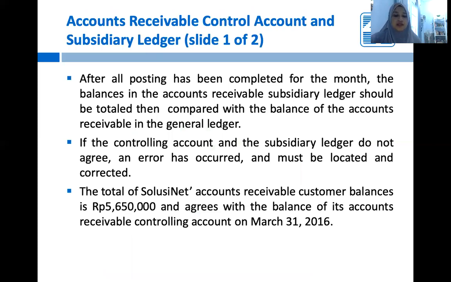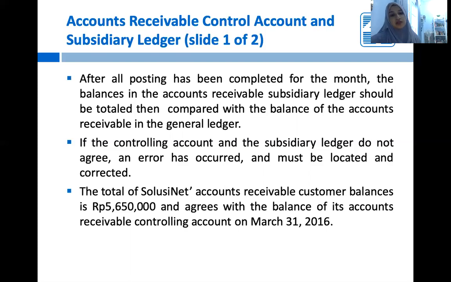And at the end of the month, after all the transactions have been recorded, the totals have been provided, and the posting has been done to specific accounts in the general ledger, we can check whether the total in the subsidiary ledgers and the total in the general ledger are the same.